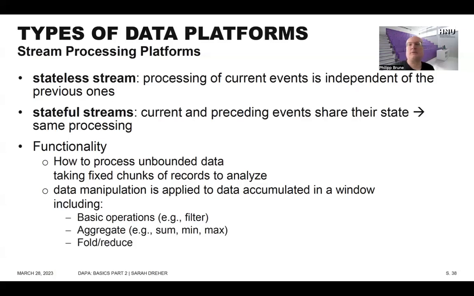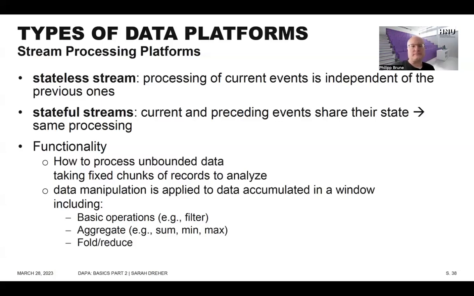So if you have a camera that sends you a picture frame every second or something, there will be an infinite number of images coming over time, but you would always investigate only a fixed chunk. So you would maybe look at a single frame or at a certain sequence, let's say 10 or 20 or 100 or whatever, but you will divide the data into fixed size chunks and then process these.